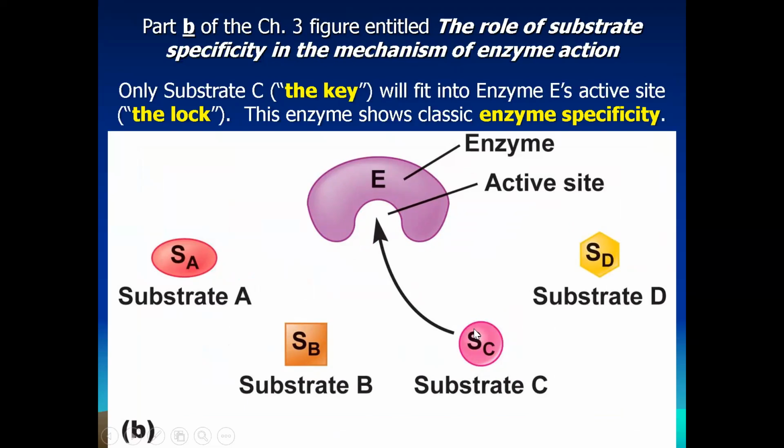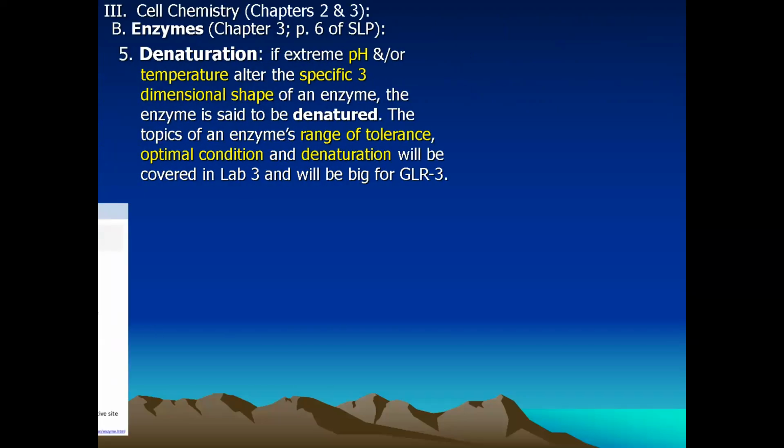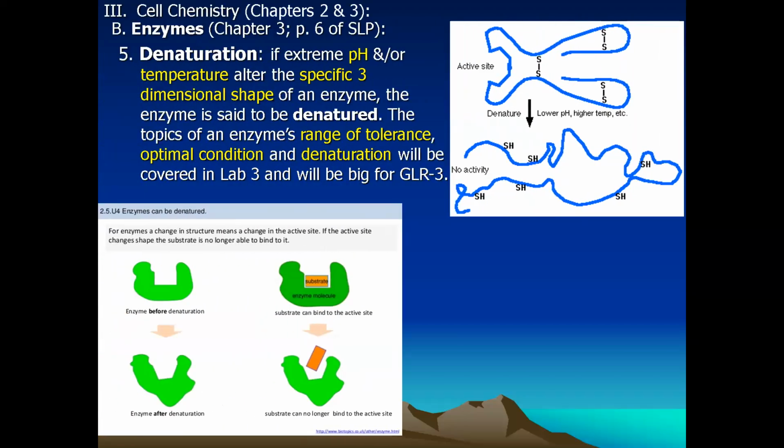Now, all proteins, not just enzymes, all proteins are subject to what we call denaturation. Next to this slide, I would write lab 3. This is one of the reasons why I'm covering it now. And it's not going to be for a couple weeks because we started late with lab. But in lab 3, we will talk about denaturation.